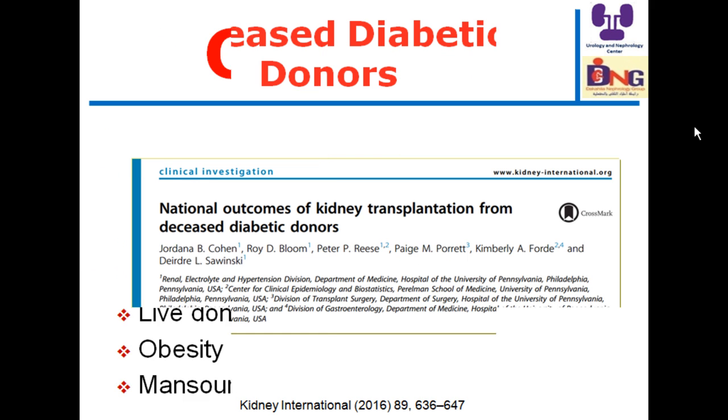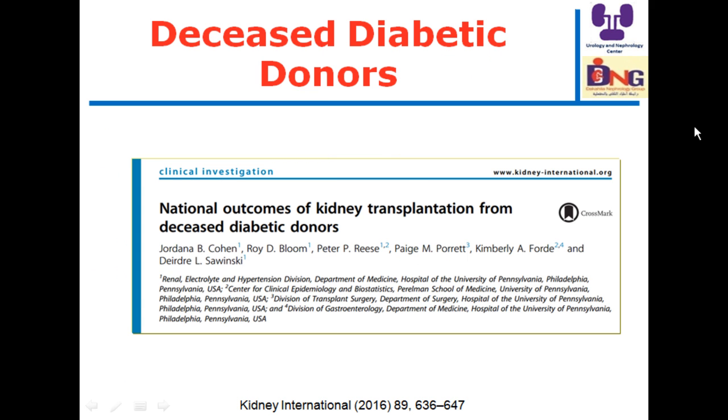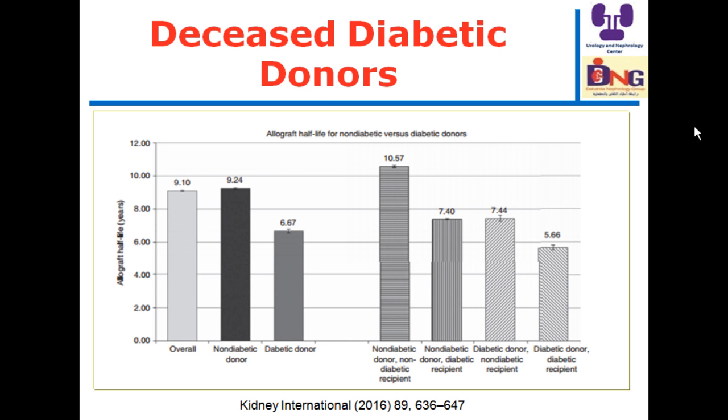Regarding donors in cadaveric organ transplantation, we can use kidneys from diabetic persons, and this is the overall allograft half-life for non-diabetic versus diabetic donors. So overall, allograft half-life is 9 years. If we use kidneys from non-diabetic donors, this is the half-life, but half-life is affected and reduced by using diabetic donors.